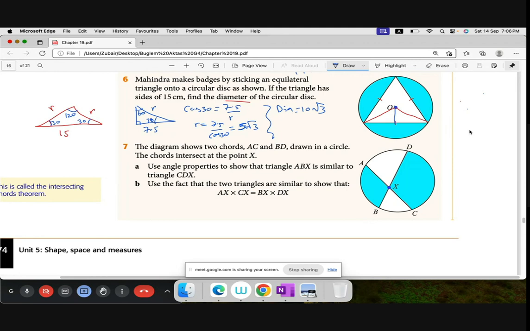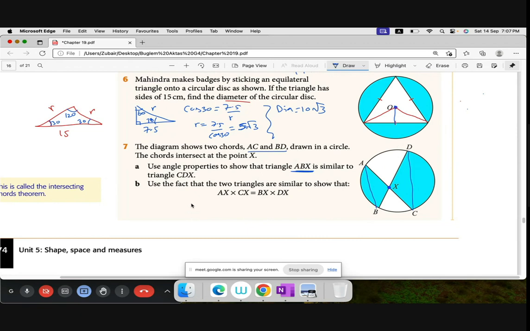Yes. Number 7 says the diagram shows two chords, AC and BD, in a circle. The chords intersect at point X. Use angle properties to show that triangle ABX, the one to the left, is similar to triangle CDX, the one to the right.